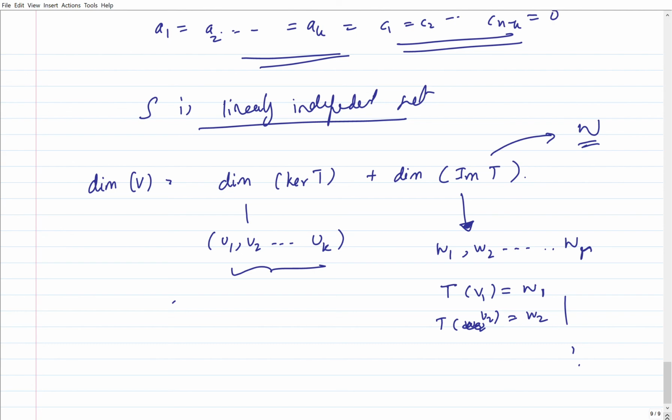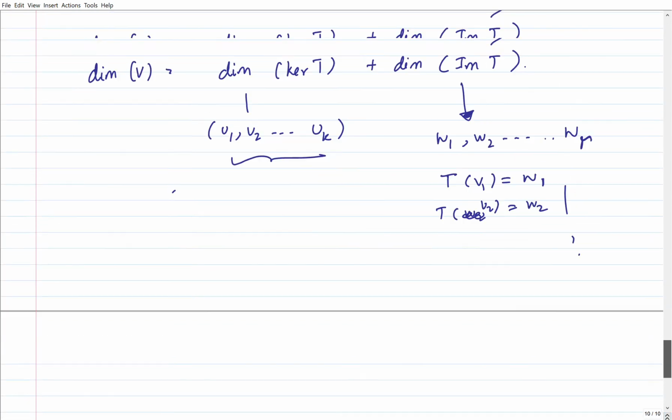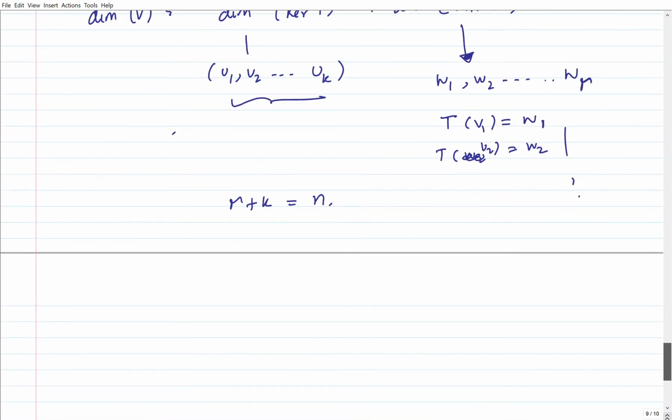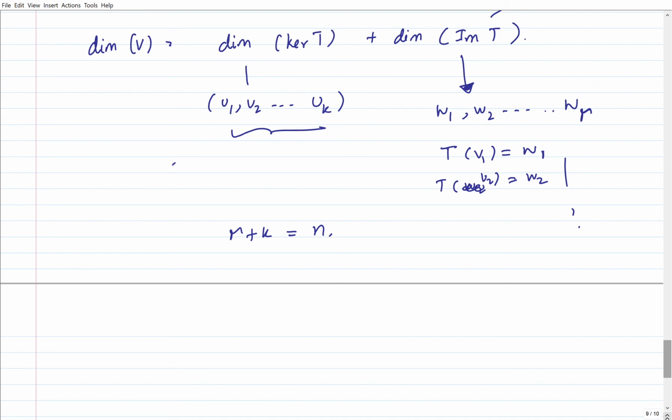So now I have to argue that I actually can get a basis. What do I need to argue? I need to argue r plus k is equal to n. So try to work it this way, not assuming the dimension to be n minus k, but some r, and then argue that r has to be n minus k.